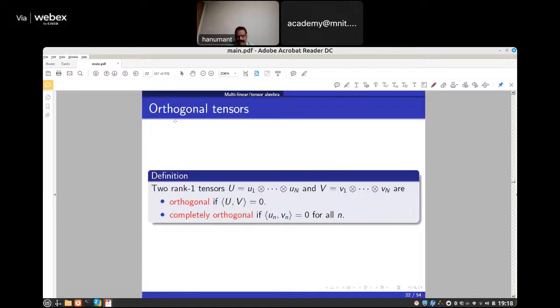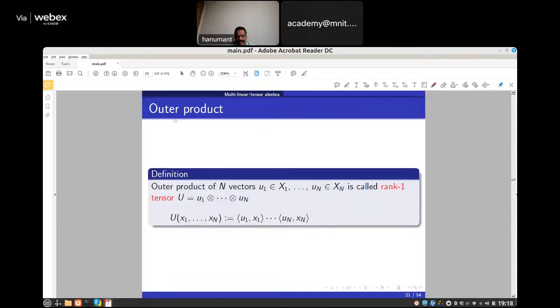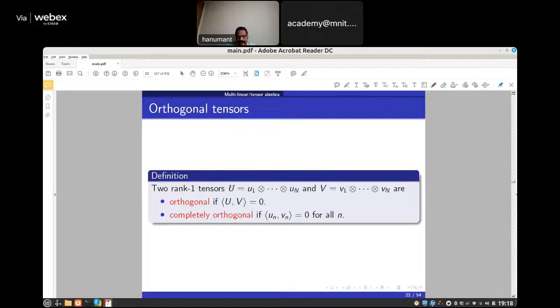For orthogonality, we define tensors a little differently. Let me explain in this way. I want to avoid minimal terminology here. The inner product is 0, that is very simple. If orthogonal, the inner product can be 0.